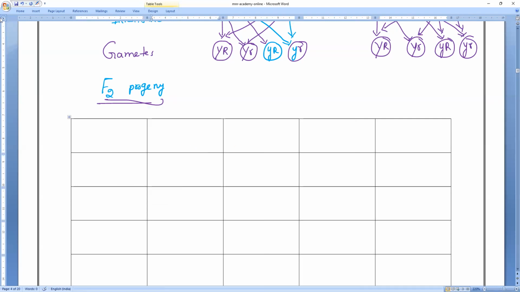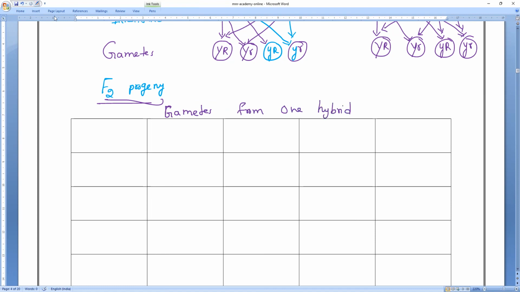Okay, so now you can see, guys, how we will write it. All of you observe. First, here, gametes from one hybrid. All of you tell me, what are the gametes from one hybrid? Tell me all 4 gametes, everybody.